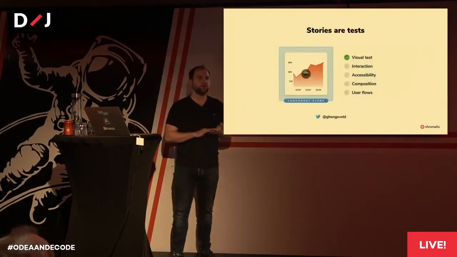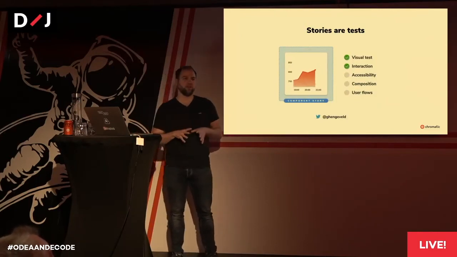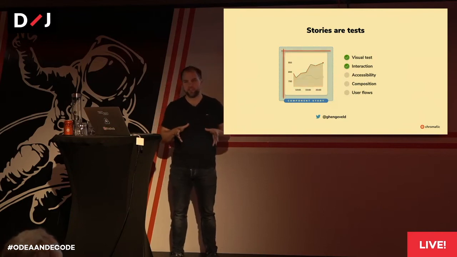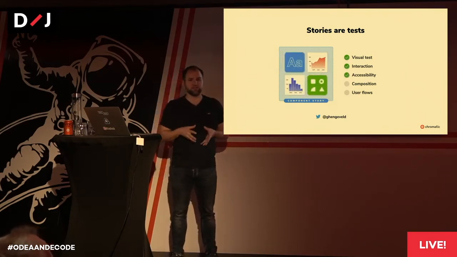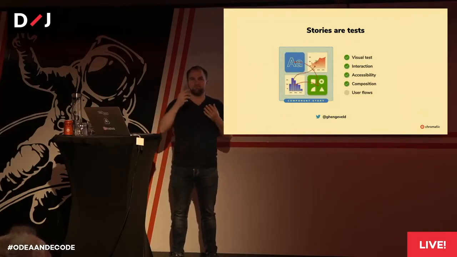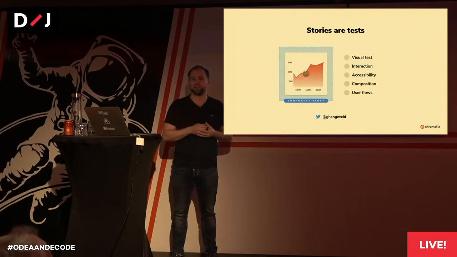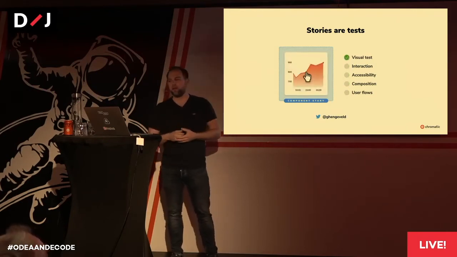So, to wrap up, stories in Storybook have always been tests, right? Writing out a specification for what your component can do, and then looking through the components that you have is a way to test them.